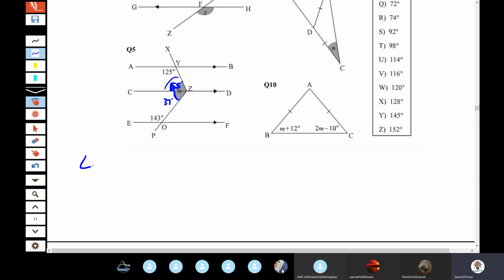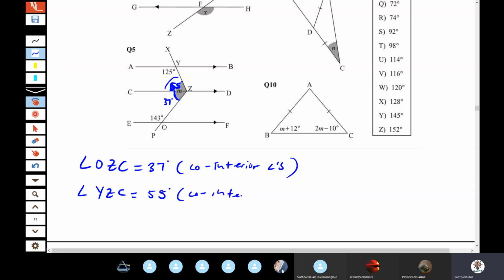So now angle PZC equals 37 degrees, co-interior angles. Angle YZC equals 55, also co-interior angles. Therefore, M equals 37 plus 55, 92.